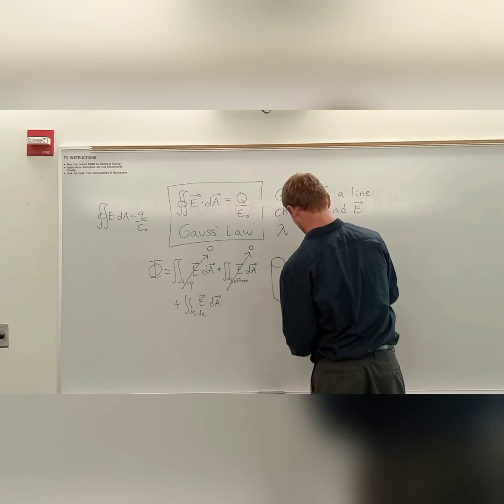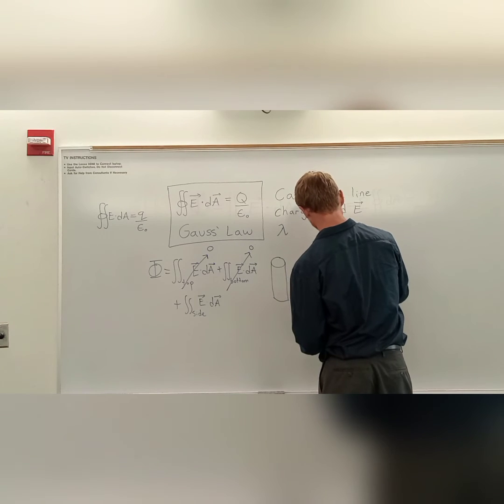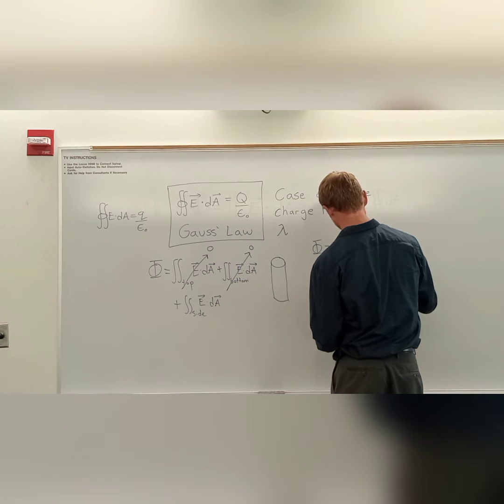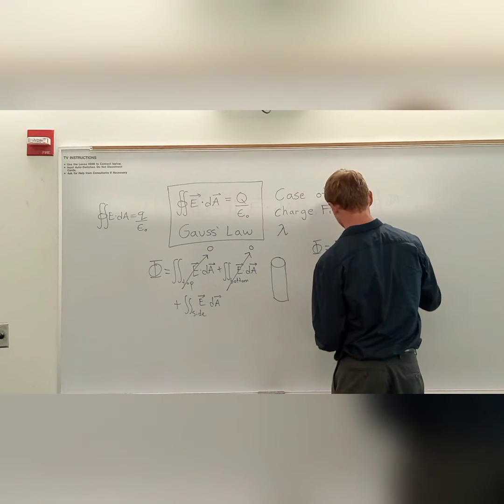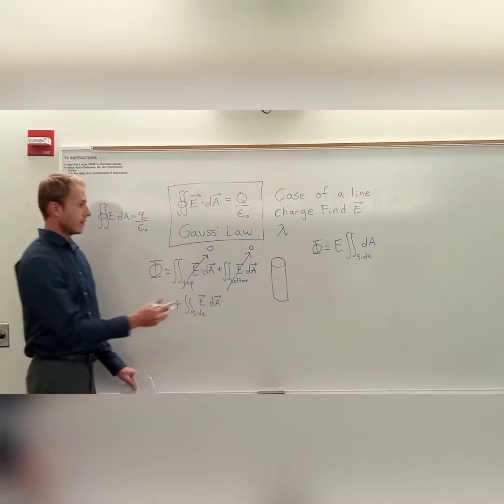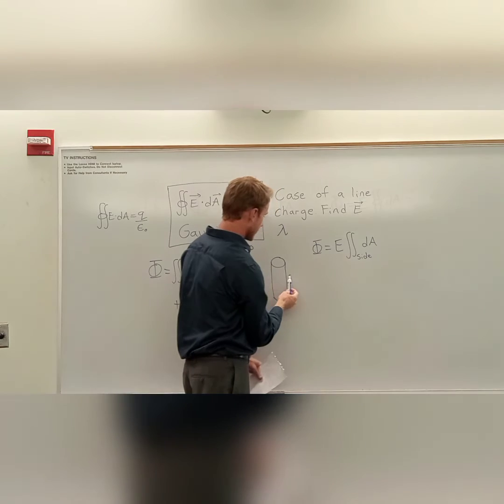So we have this expression for our cylinder, our Gaussian surface, as phi equals E, pulling the electric field out of the integral, dA. And we know what the area of this side is.